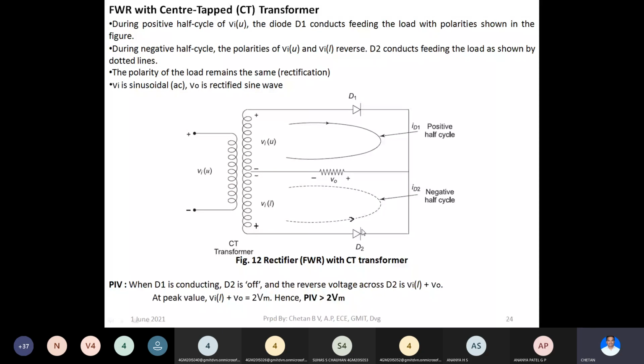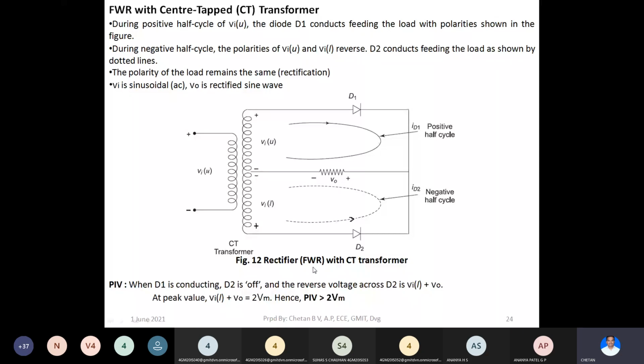Now, if you try to find the maximum reverse voltage across this D2, as it will be open circuit, if you see from this direction, you will get this V0 voltage drop across this resistance, which is the output voltage, plus VIL. VIL is the voltage across this part of the secondary winding. So this will also be VM, and this will also be VM.